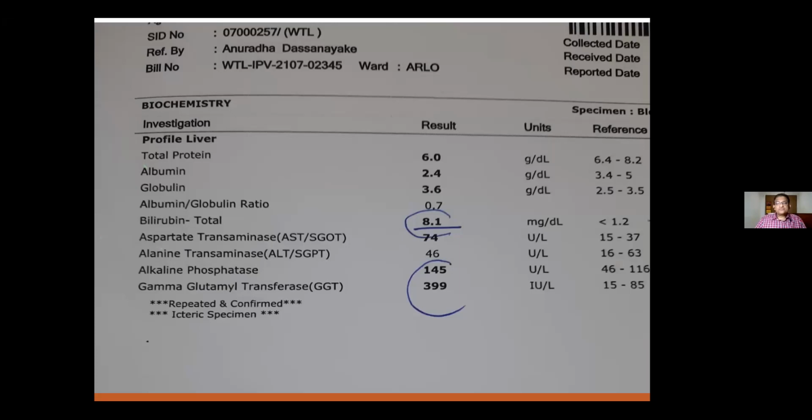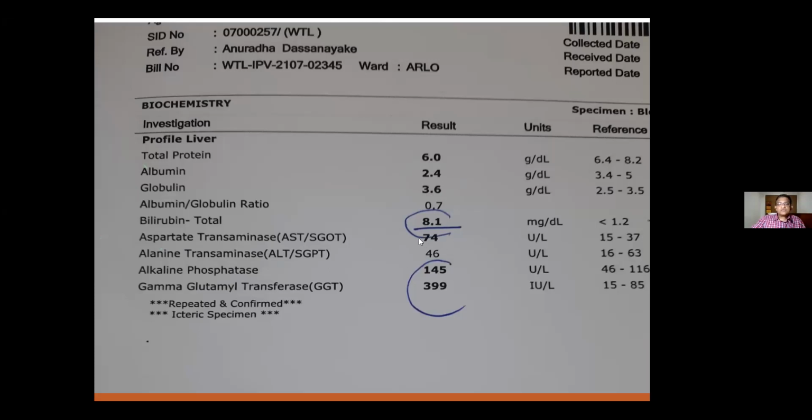So there are quite a few striking abnormalities in this liver profile, characteristic of a cirrhotic. Firstly, low albumin, then elevation of globulin, reversal of the albumin globulin ratio. All are features of advanced cirrhosis. Then there is elevation of bilirubin, either due to cholestasis or liver failure.